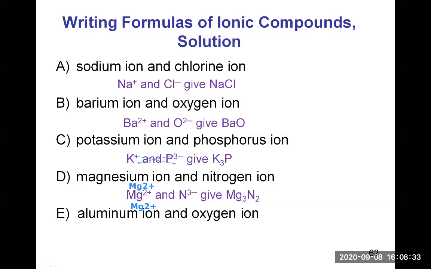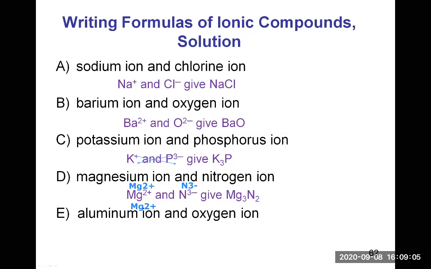And then the nitrogen, to make 6 negative charges, you need only one more, because one is 3 negative charges and another one makes 6 negative charges in total. So this way, you see that the formula should be Mg3N2, right? 3 magnesium ions and 2 nitride ions will make this neutral formula.